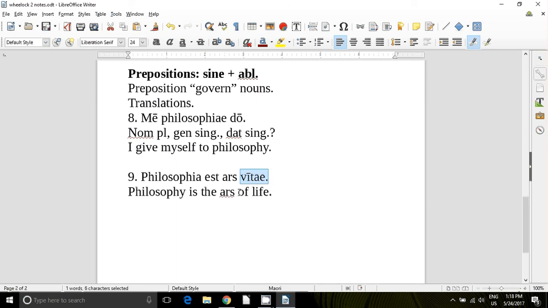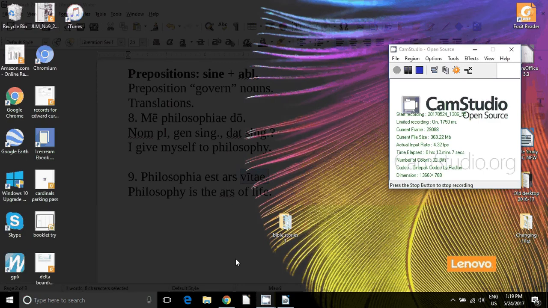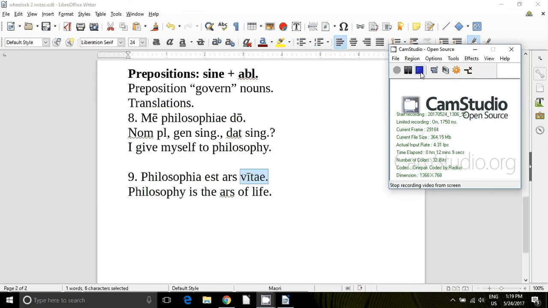Philosophy is the art to life. It's probably just genitive, right? Philosophy is the art of life. So there you have it. There's chapter 2. Make sure you know those vocabulary words from this chapter and the endings, that you can identify nouns. When you see them, identify their gender, number, and case, and then you will be ready for all the questions that will come in our quizzes from chapter 2.